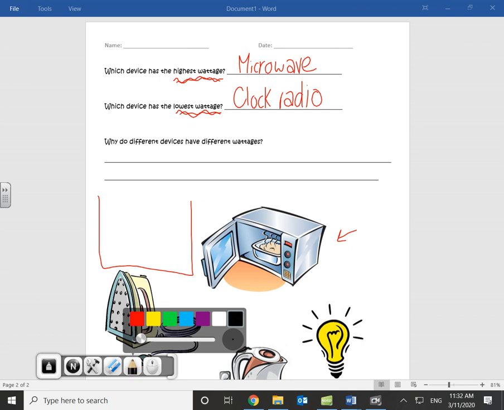Okay, hopefully by now you've unpaused, but you've taken a second to write the real answer. I trust you. So basically, things have different wattages, especially microwaves, because they have two jobs. They've got to use heat energy, they have movement energy. They're basically putting in way more work. All a clock radio has to do is have enough energy to light up a tiny little red number.